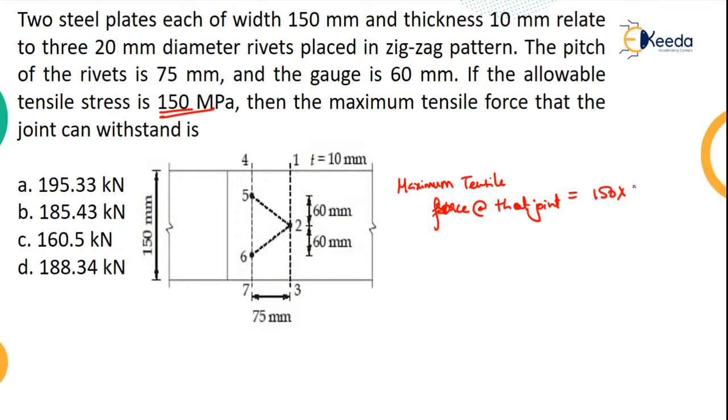The least area, or the most critical area, is 1070, which is for the 4, 5, 6, 7 section. So that will give you 160.5 kilo Newton. So this will be your answer.